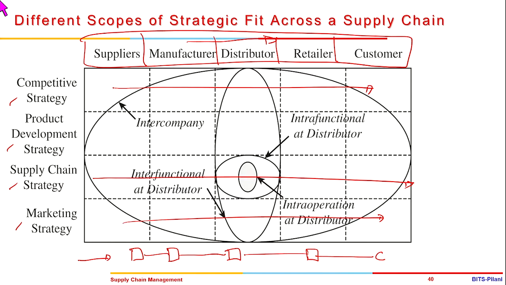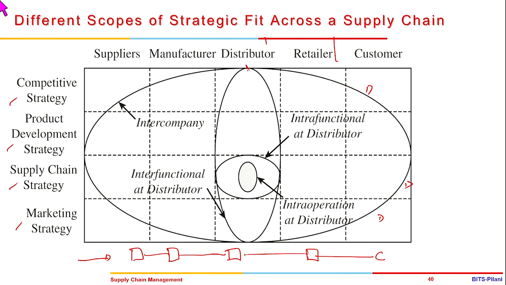Not only that, it should be aligned with different entities, but within an entity also. Let us take the distributor. Within an entity like the distributor, the supply chain strategy should also be aligned with the operations which are there in the distributor.